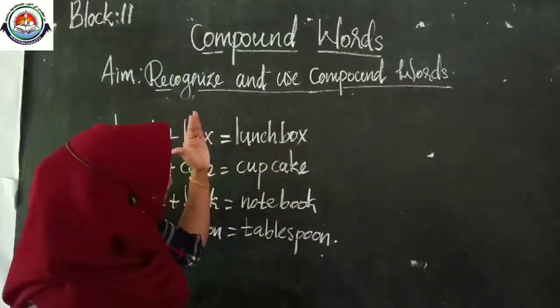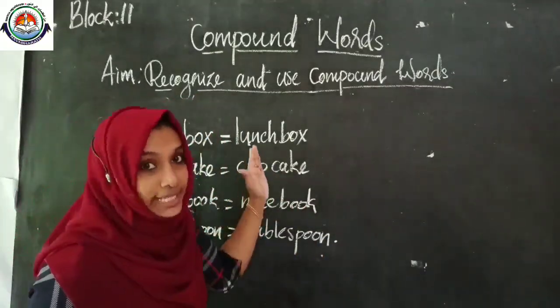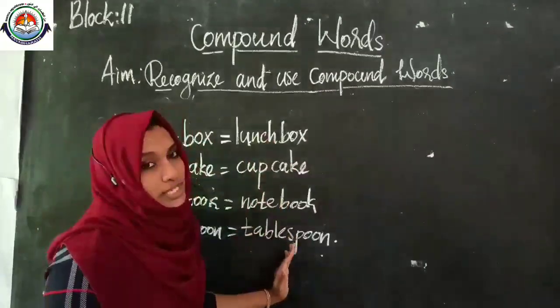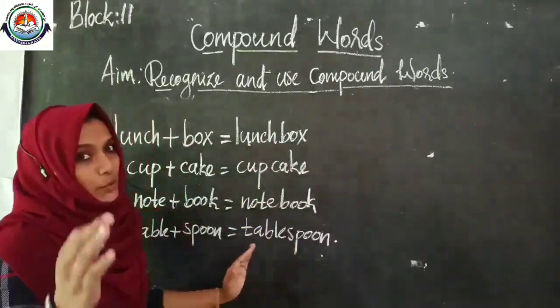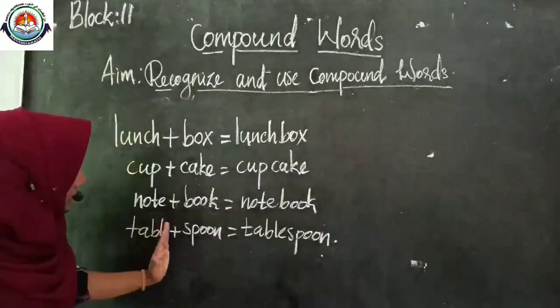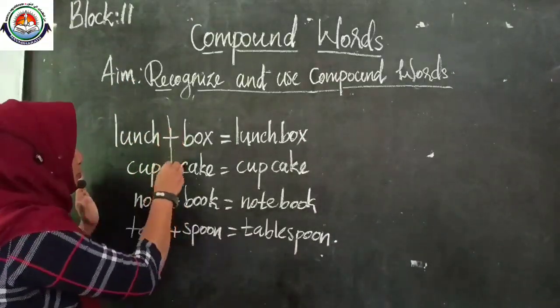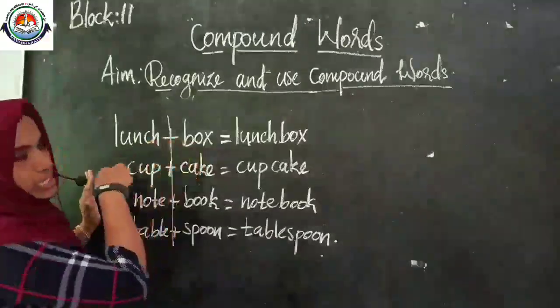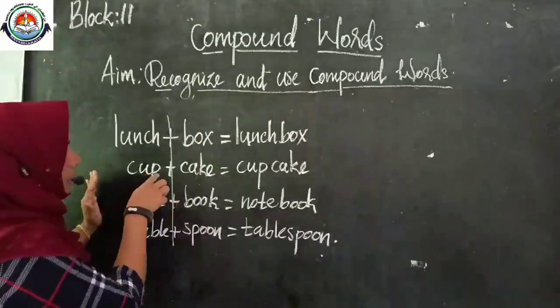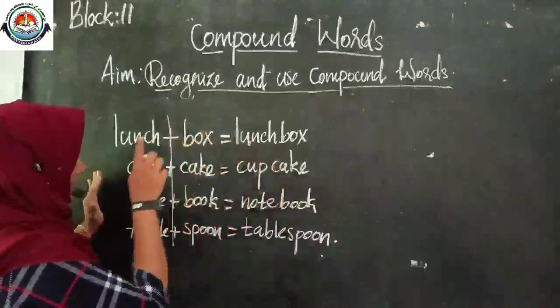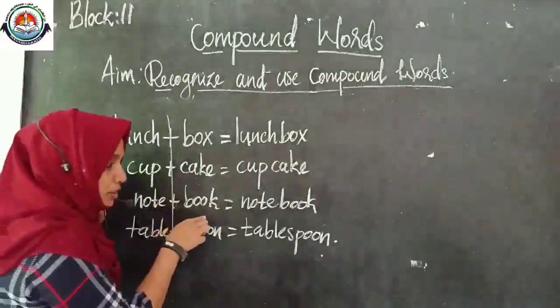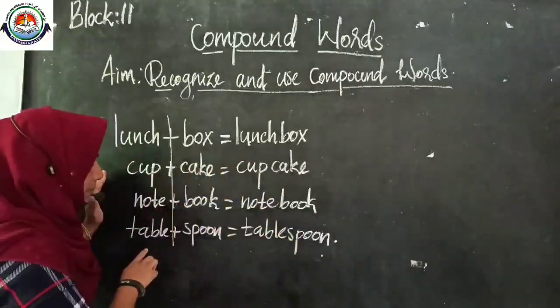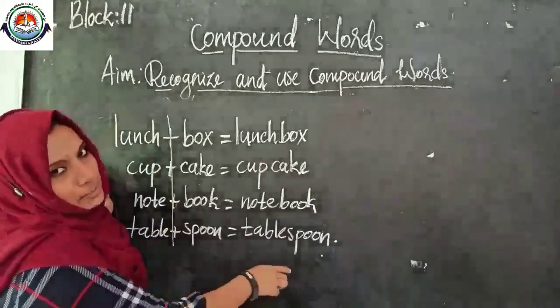How many parts can we divide them into? We have divided these words into two parts: lunch plus box, lunchbox; cup plus cake, cupcake; note plus book, notebook; and table plus spoon, tablespoon.